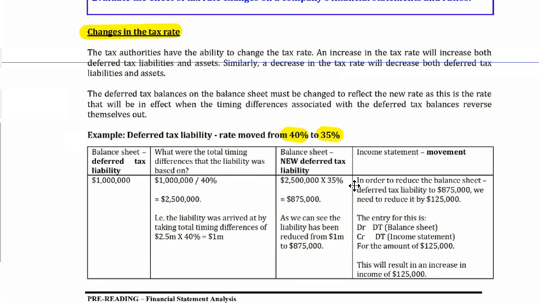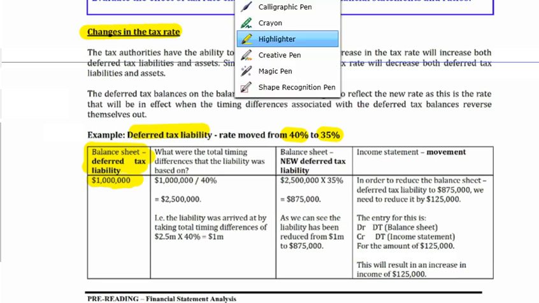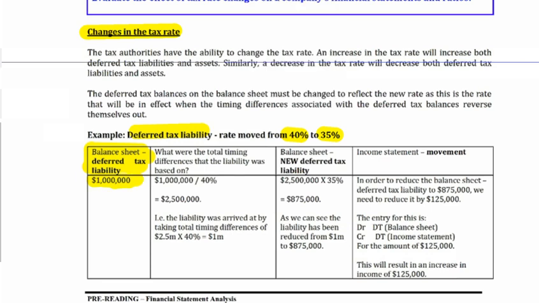Remember, the deferred tax assets or liabilities, whatever they happen to be, when they now go and sit on my balance sheet, that $1 million has already been multiplied by the tax rate to get to what the deferred tax liability is, or the deferred tax asset. Now, so that $1 million worth of deferred tax that sits on my balance sheet, we ask ourselves the question, where did it come from?